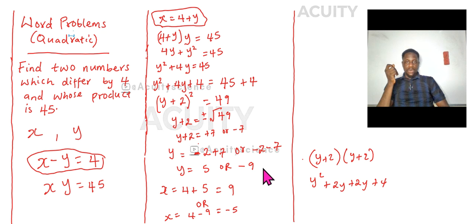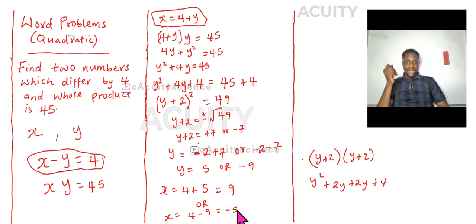So when y is minus 9, x will be minus 5. When y is 5, x will be 9. And of course, 9 minus 5 is 4, and 9 times 5 is 45.